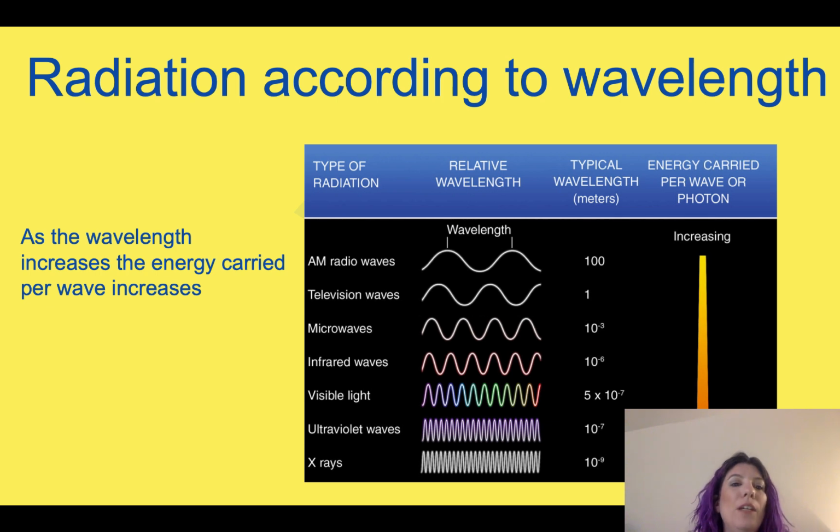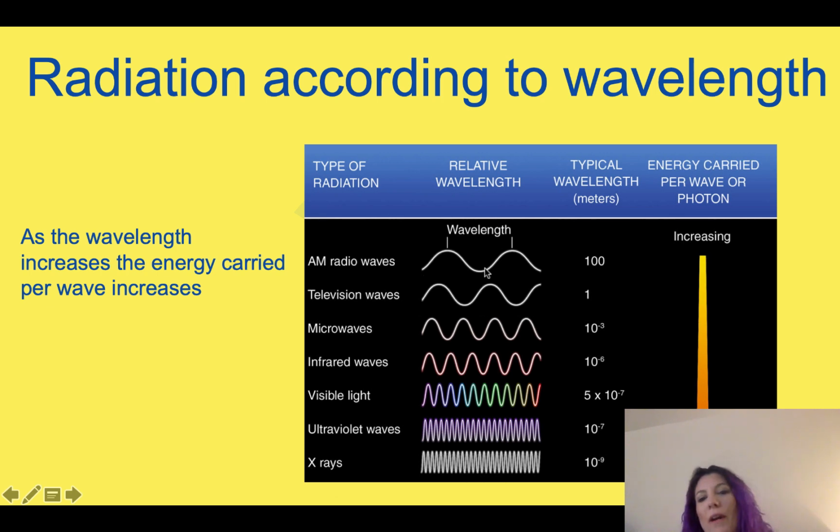As the wavelength decreases, the energy carried per wave increases. As you see here, the wavelength of an AM radio wave is really long comparatively to an X-ray, which has a really short wavelength but a lot of energy. If you get in the middle of an X-ray, you could be fried.